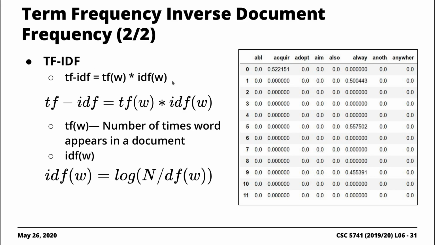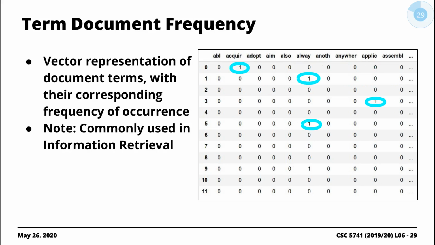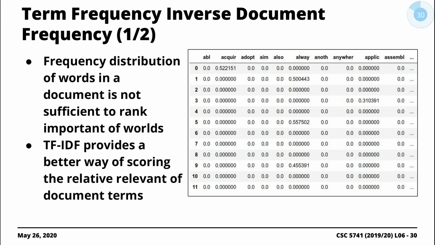So the term frequency for this document, let's look at document number 2 here. If you're computing the TF-IDF for always, you'd first of all have to compute the term frequency, which is TF. So the term frequency for always in document 1 is 1, right?